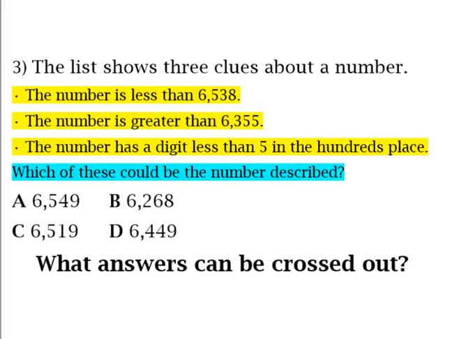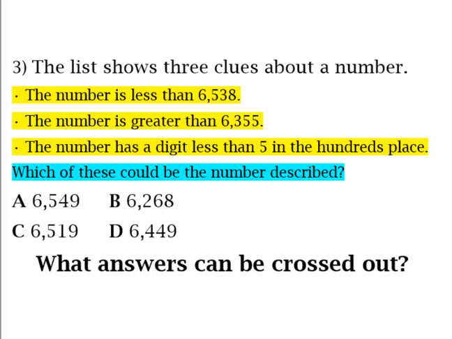For the next clue, clue number 2, the number is greater than 6,355, okay? So in looking at our answer choices, are there any answers that are greater than 6,355? I think I see some.